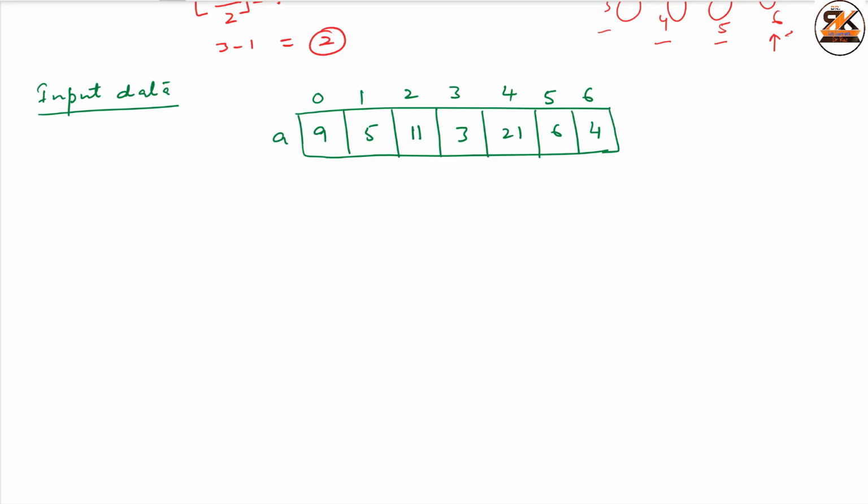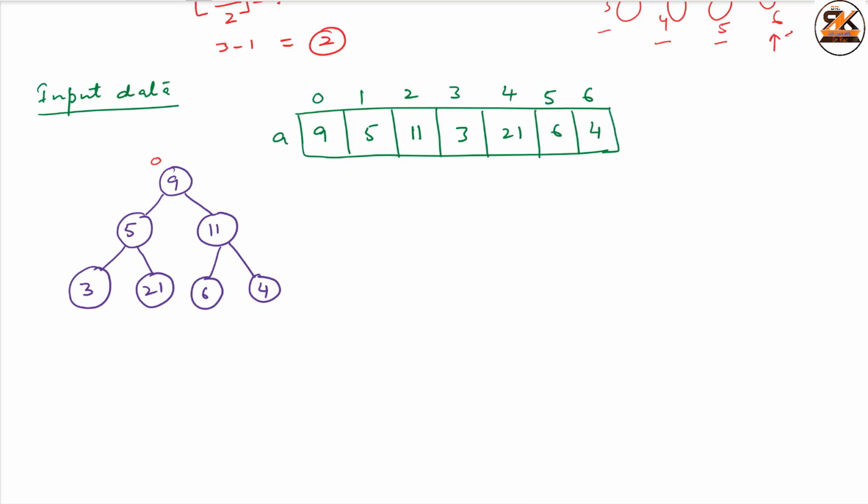So in total we have 7 elements in this given input data, and if we represent this data in the form of a complete binary tree, suppose the indexing is 0, 1, 2, 3, 4, 5 and 6. In total we have 7 nodes, and we have represented this data in the array form and we are given this tree structure.